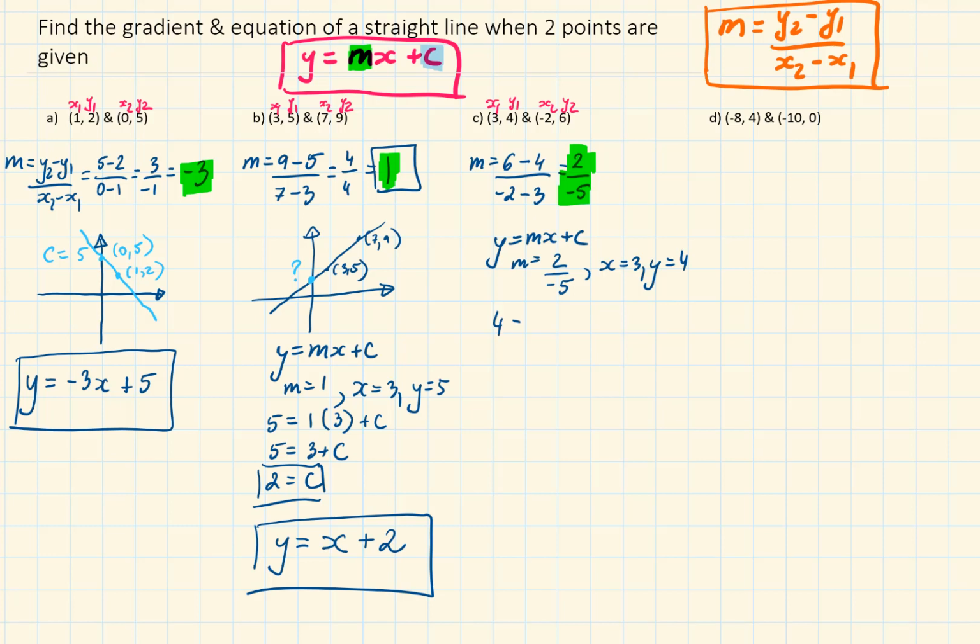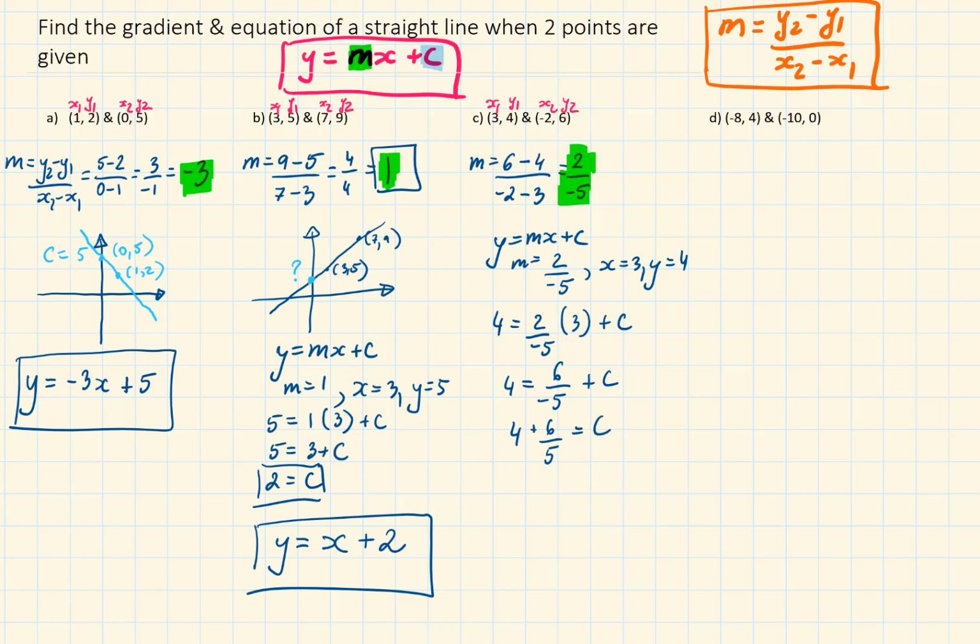So we have 4 equals 2 over minus 5 times 3 plus c. So we will have 6 over minus 5 plus c. We add this fraction to both sides. Then we will have this.